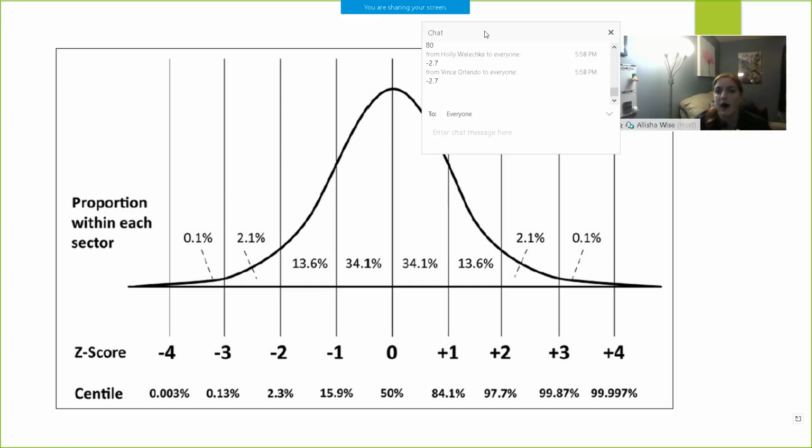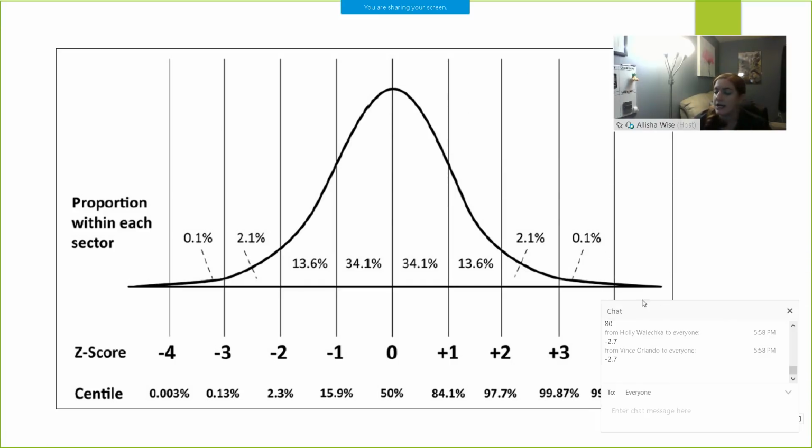Here's kind of just to tie it all together. Here is a standard normal curve. You can see that the mean is 0, it's in the middle. And the standard deviation is 1, so it's like that yardstick, right? Every step away is 1 step. And the farther you get away from the mean, the middle, the less likely something is to occur.